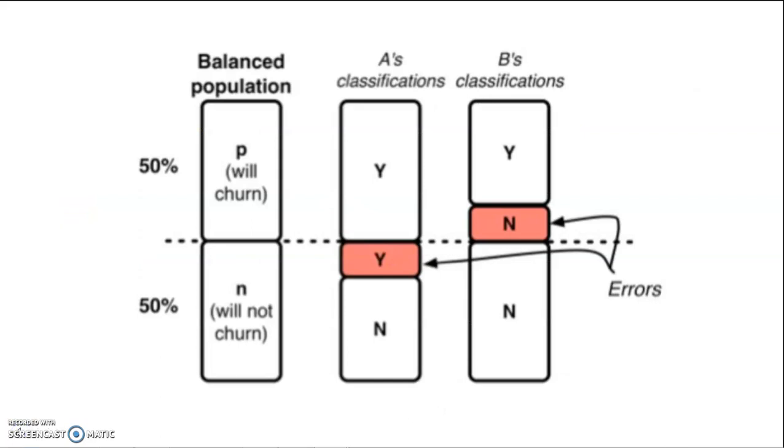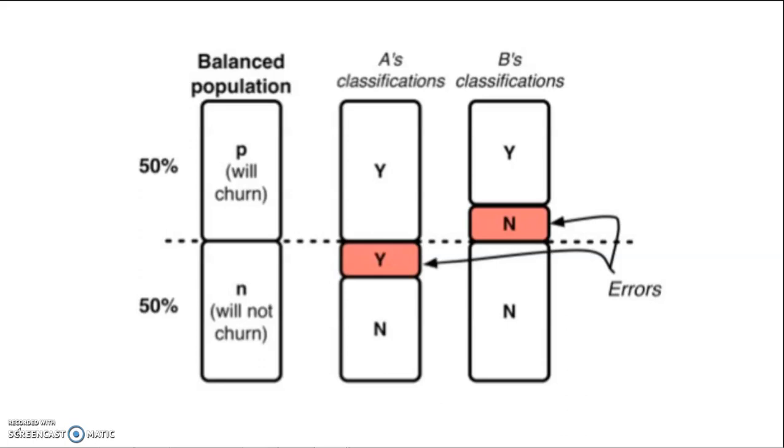So let's say we have two models, or two algorithms, Algorithm A and Algorithm B. In the case where we have a balanced population, where the positive classes are 50% and the negative classes are also 50%, it's a balanced population.